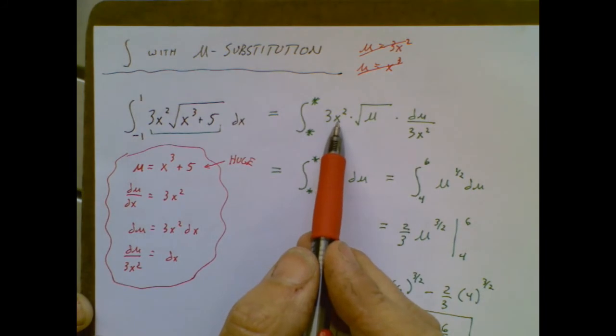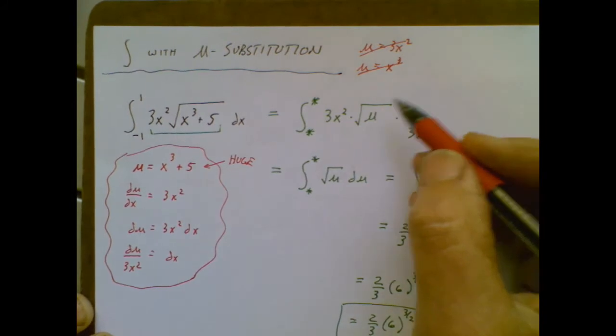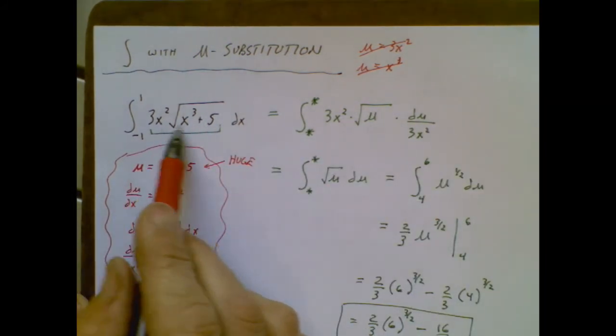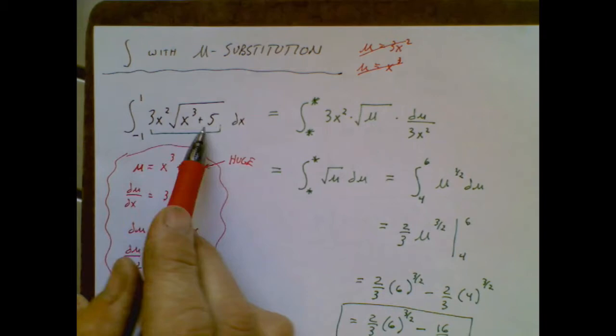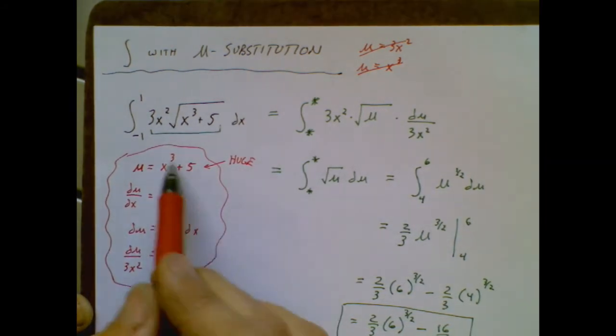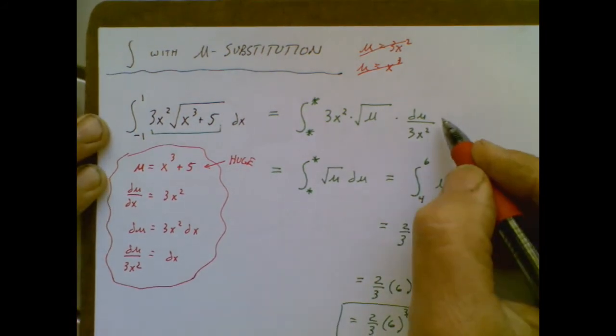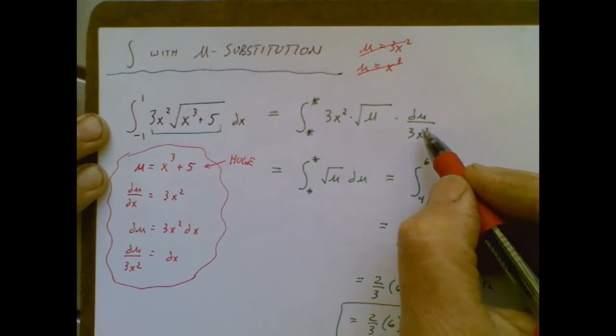The 3x squared, I'm not going to substitute anything in for it, but realize that what's happened is I've taken something that had begun in the x world, and by using things from my substitution bubble, I'm now changing what that problem looks like.